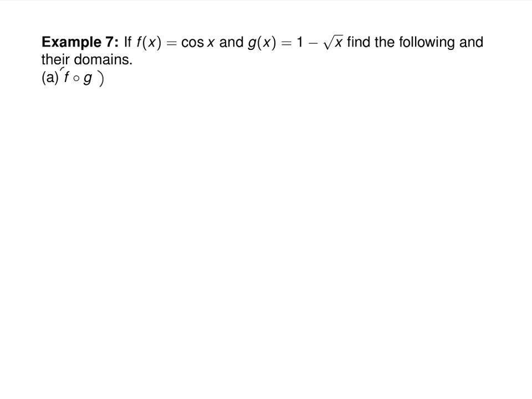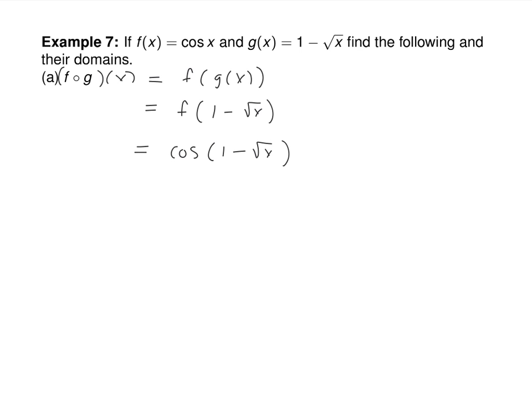Okay, so f of g of x. So that's f of 1 minus root x, or cosine of 1 minus root x. Does everyone agree with the composition?